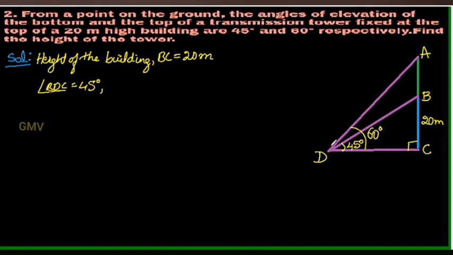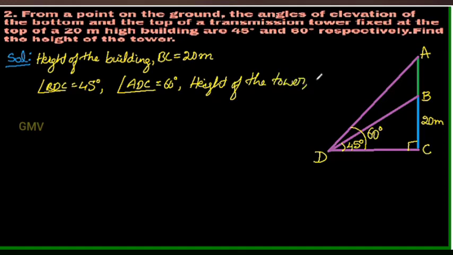Angle ADC is equal to 60 degree. We have to find out height of the tower, that is AB, is equal to question mark. We have to find out AB.